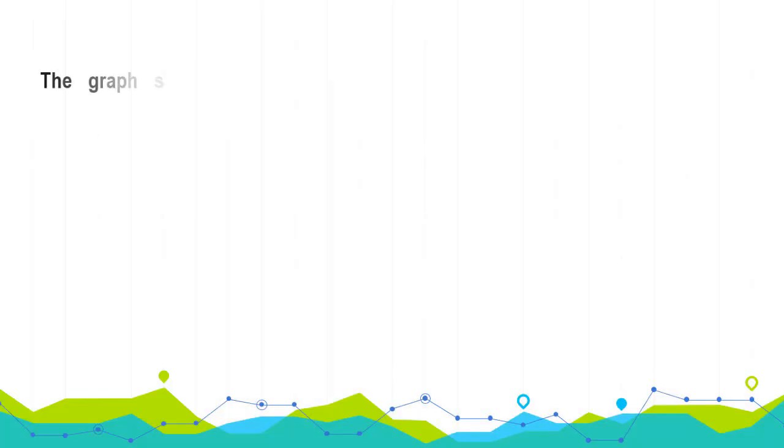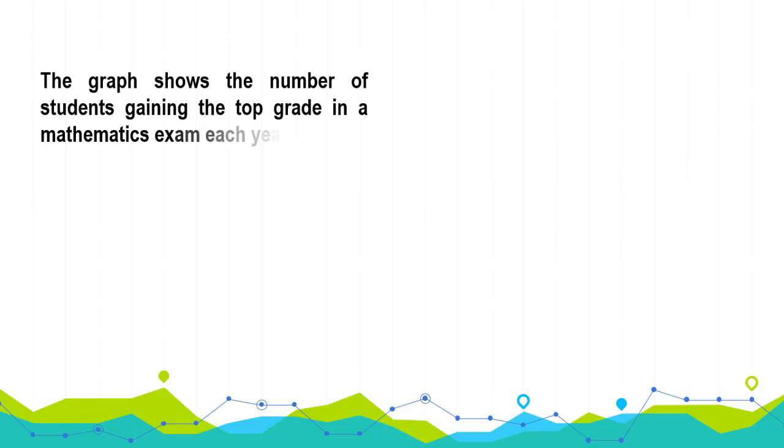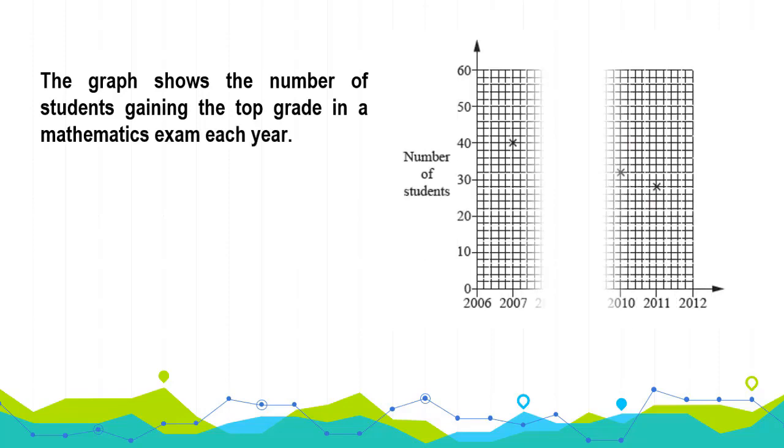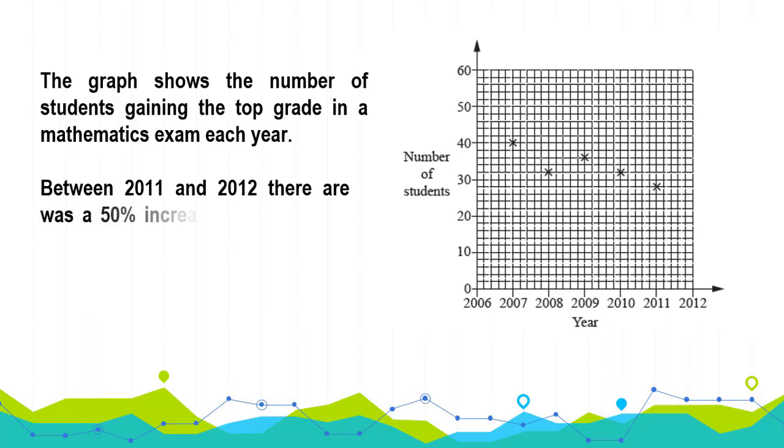The graph shows the number of students gaining the top grade in a mathematics exam each year. Between 2011 and 2012, there was a 50% increase in the number of students gaining the top grade.